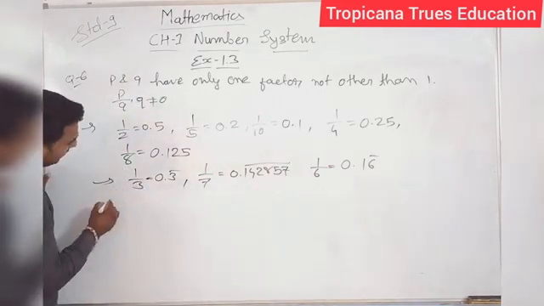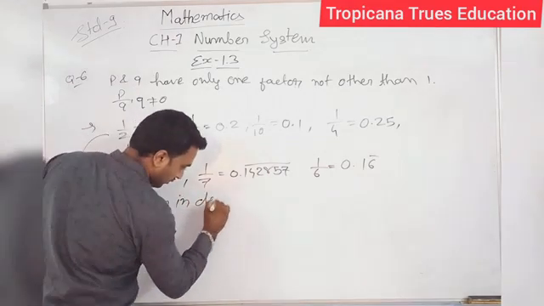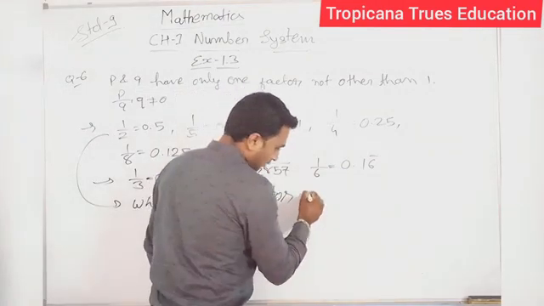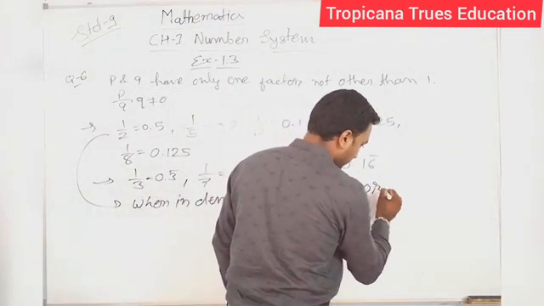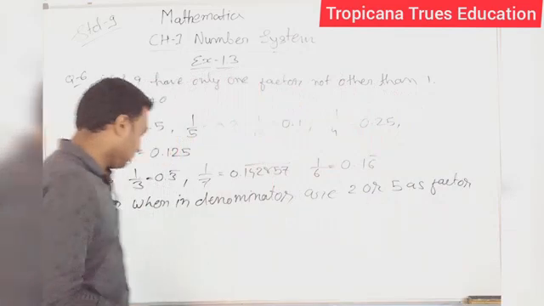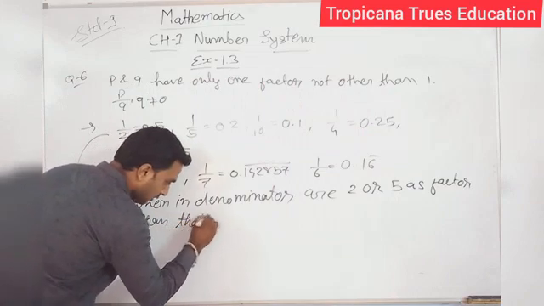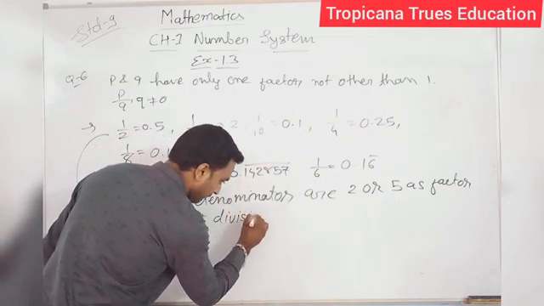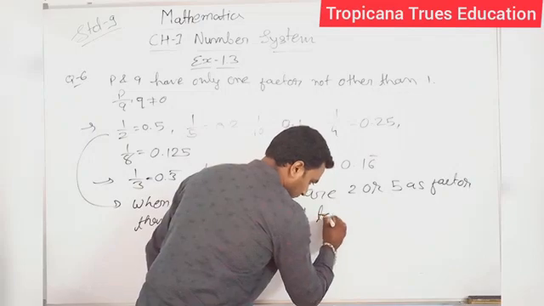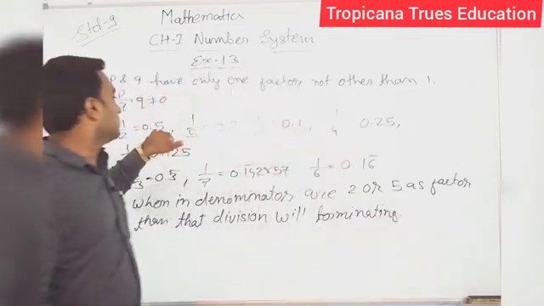So here we say that when the denominator has 2 or 5 as a factor, then that division will be terminating. That means it stops after some decimal points.